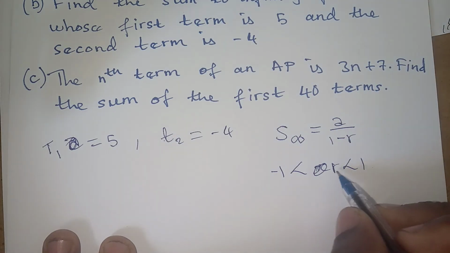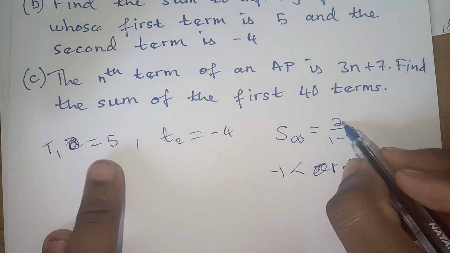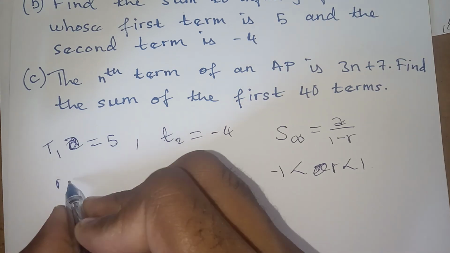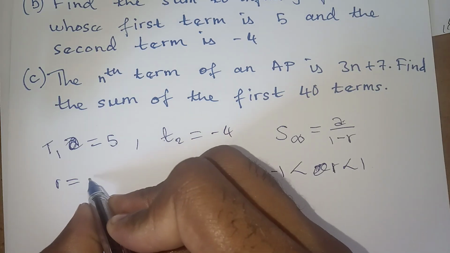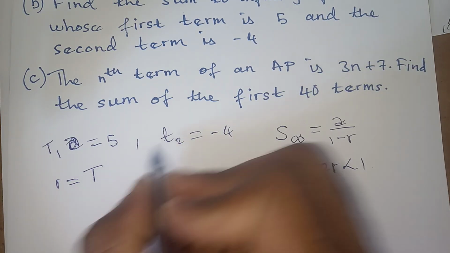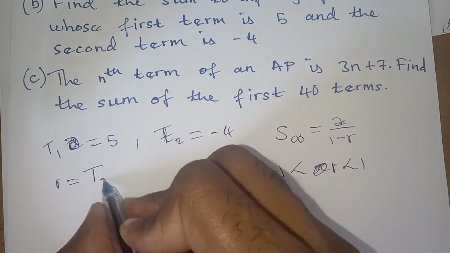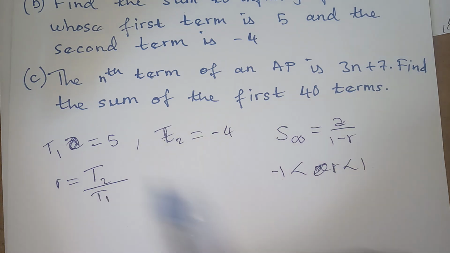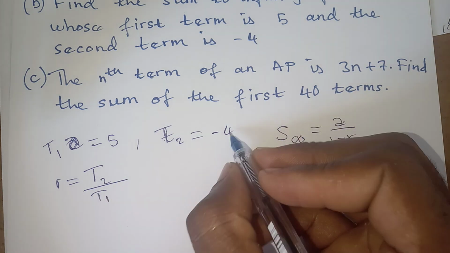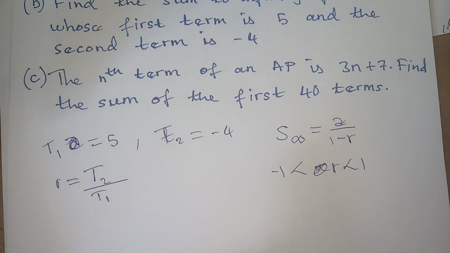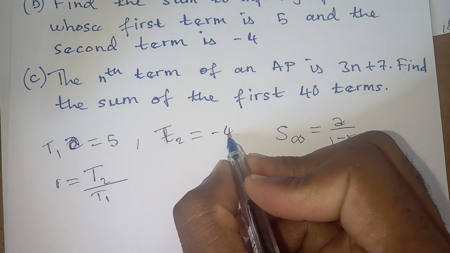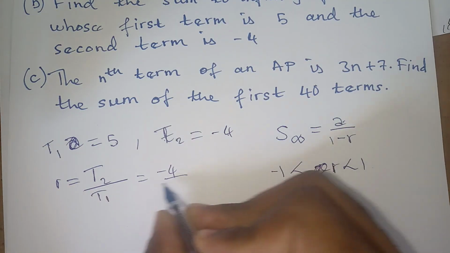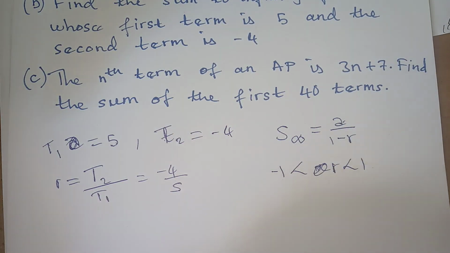To find the R, remember we already have the A, it's 5. R is equal to T2, capital letter T2, divided by T1. Remember, this is the common ratio, and you always have to start with the second one. You use the second one as your numerator, and your first term as your denominator.